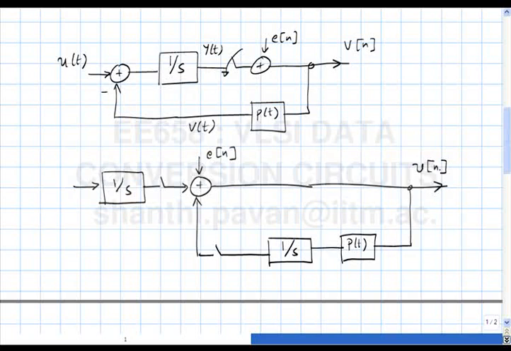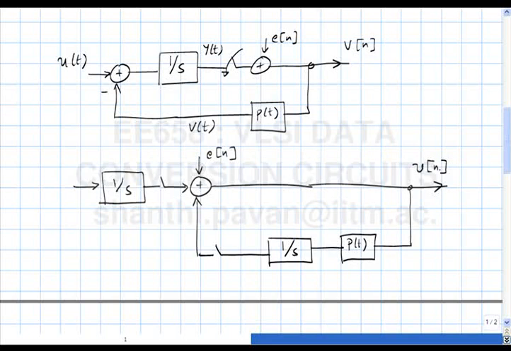Subrato. Yeah, what is it? 1 by 1 plus Z. Yeah, which is what? This is a first order delta sigma modulator, man. What is the transfer function from the quantization noise to the output? 1 by 1 plus L of Z. Yeah, what is L of Z? And L of Z is 1 by 1 minus Z inverse.